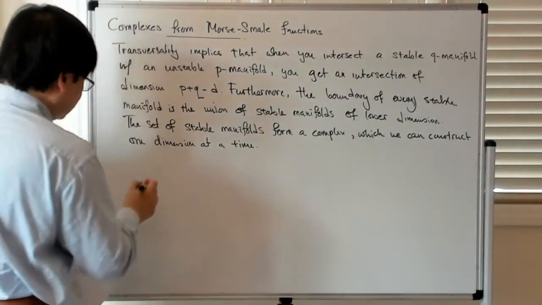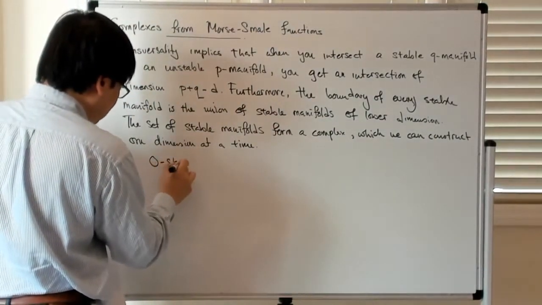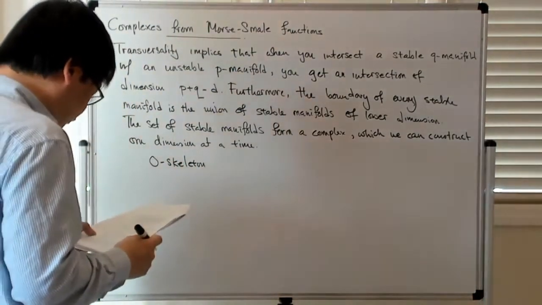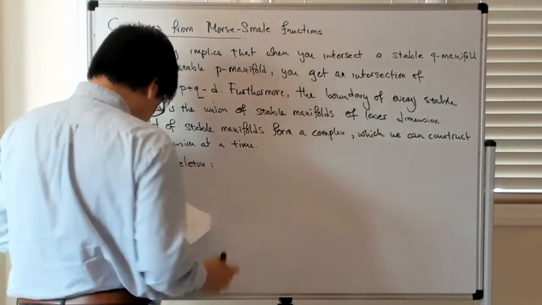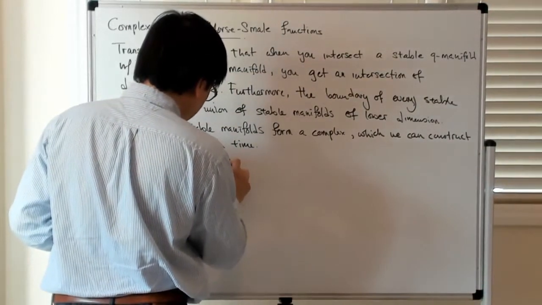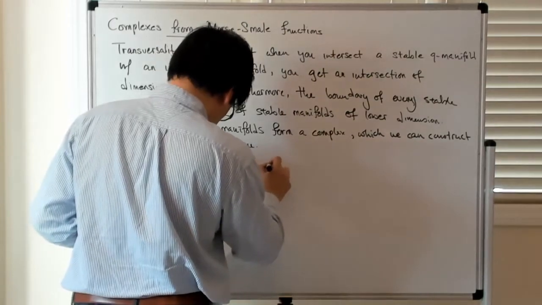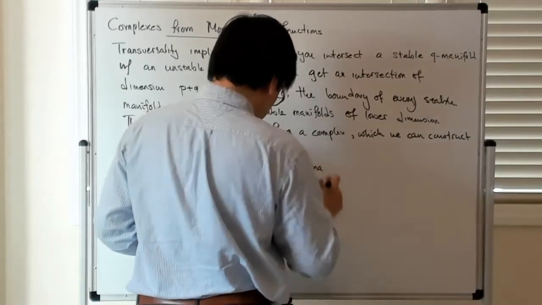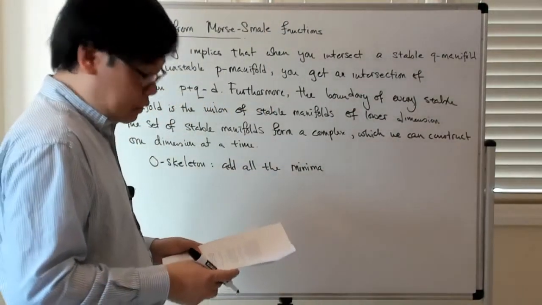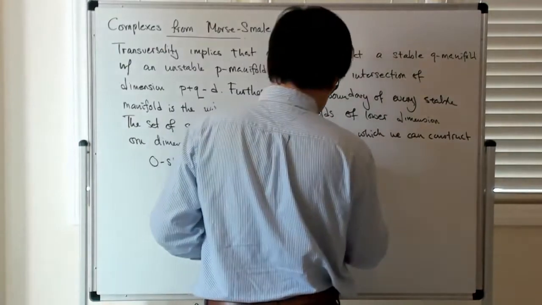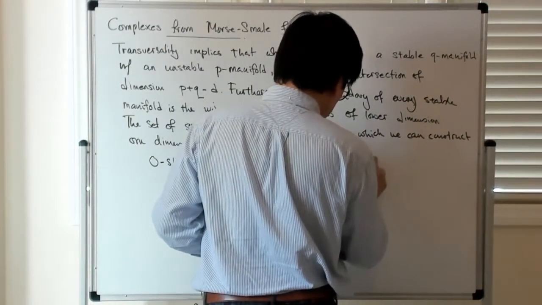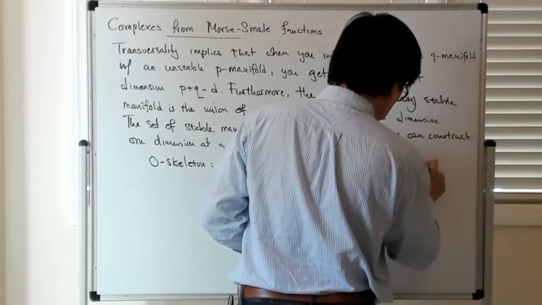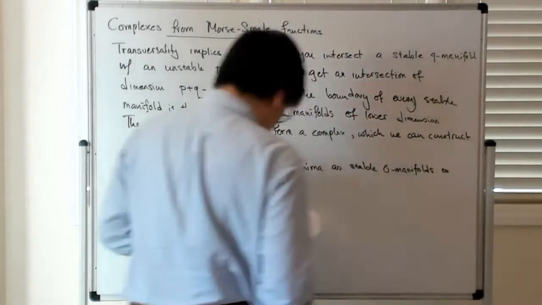You first start with the zero skeleton, which is just a set of zero cells. So you add all the minima, because all these minima are basically stable zero manifolds, to initialize the complex.